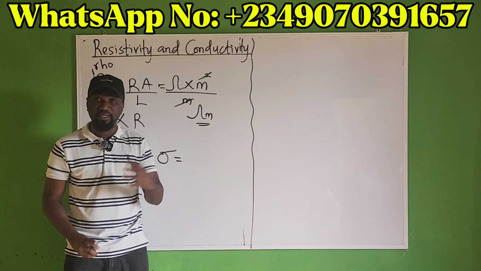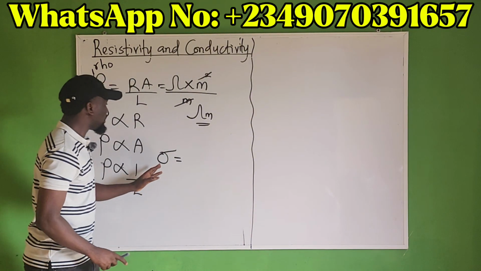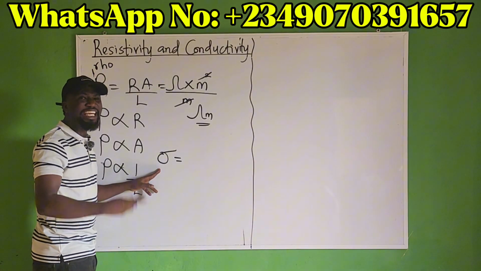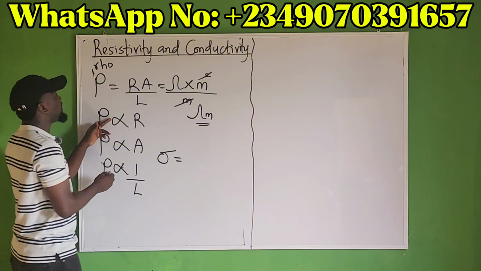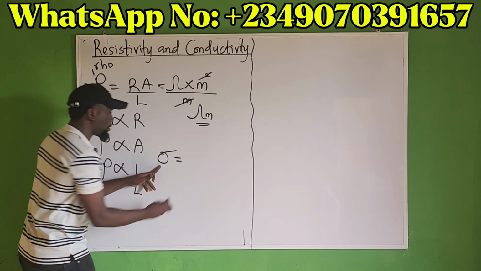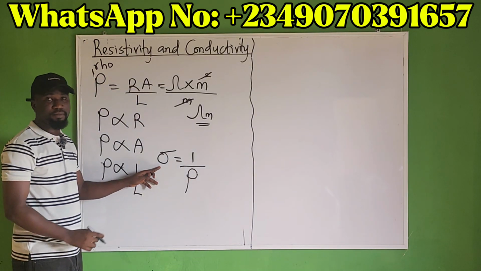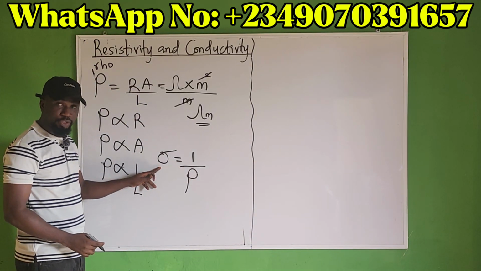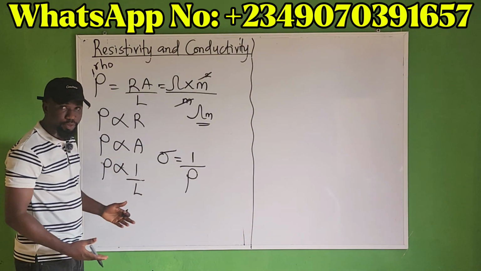Conductivity is known to be the inverse of resistivity. So if resistivity is RA over L, conductivity is 1 over the resistivity. So that means they are inversely proportional.